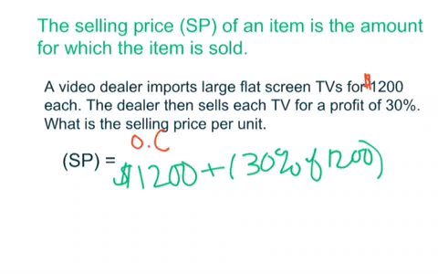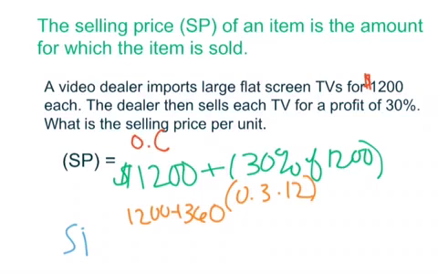We're going to change that to 0.3 times 1,200. Let's type it in our calculator. 0.3 times 1,200 is going to be 360. Then we take this 1,200 and 360, and that is going to give us 1,560. So the selling price is $1,560. If you went into that store, you would pay $1,560 for it, when originally that store only bought them for $1,200. So they're going to gain about $360 from that sale.